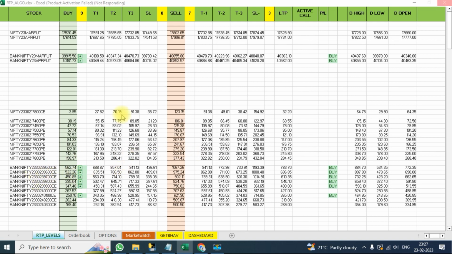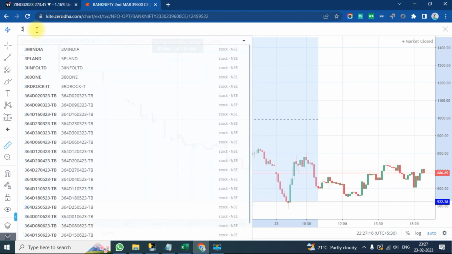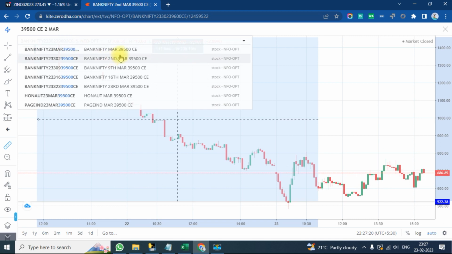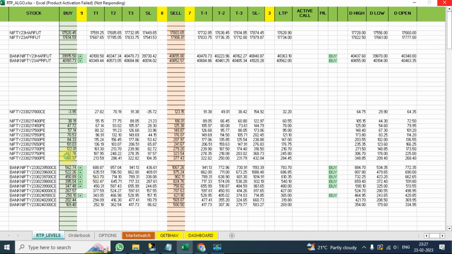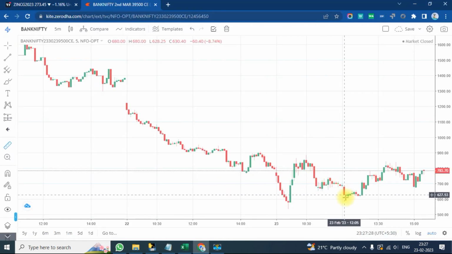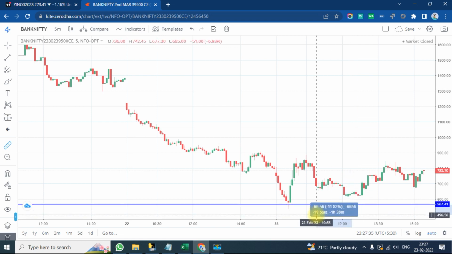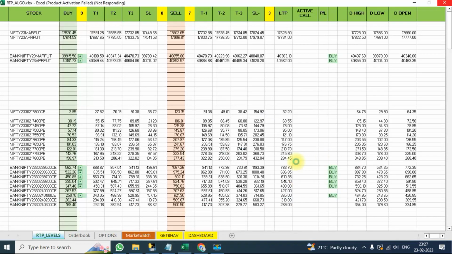In the same way, we can check the 39,500 call also. For the 39,500 call, we had a buying level at 562. This was our buying level, 562, 560 somewhere, and 543 was the low, and you can see there is also an 870 high.